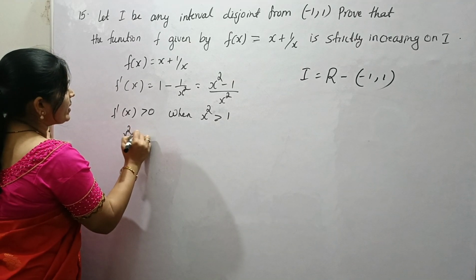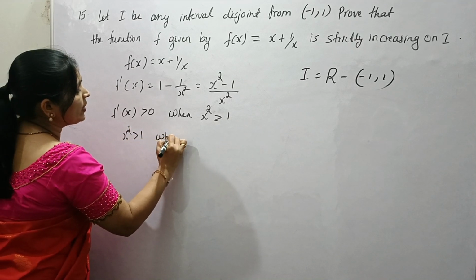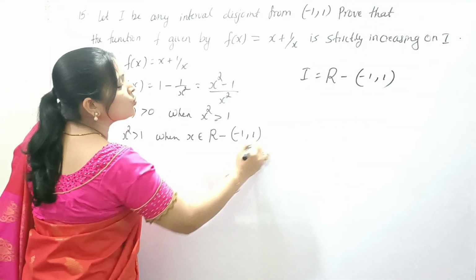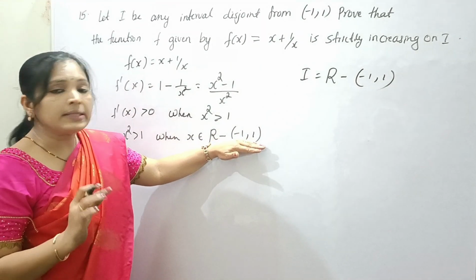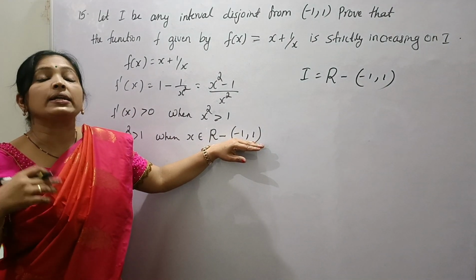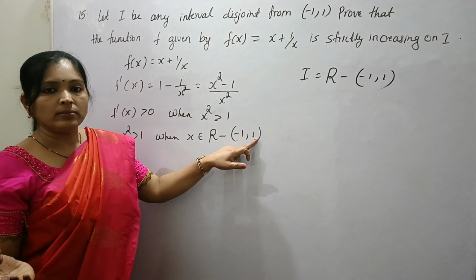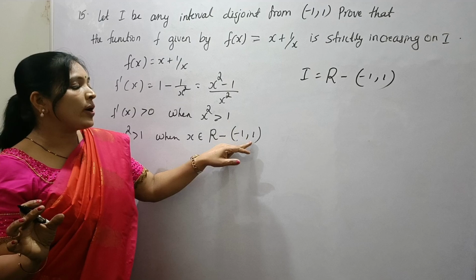And x square is greater than 1 when x belongs to R minus -1 to 1. Only for values between -1 and 1 is x square less than 1.